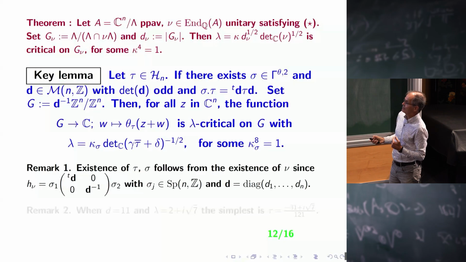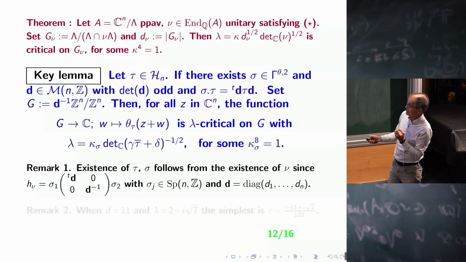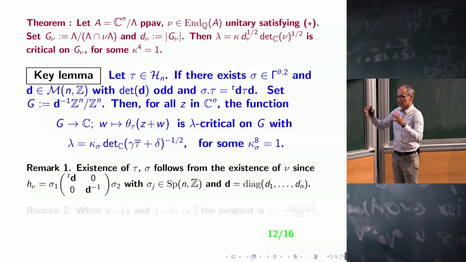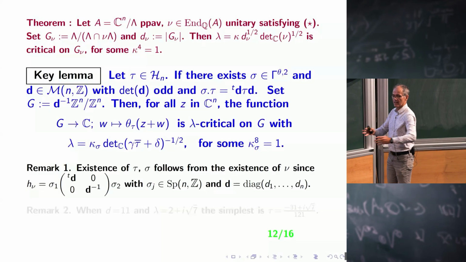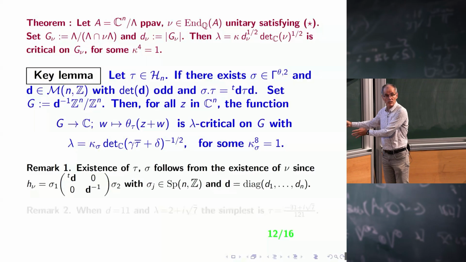In fact, the existence of this tau and sigma satisfying this condition will follow from the existence of this unitary nu, because the fact that nu is unitary means the holonomy h_nu is symplectic with rational coefficients. If you have a matrix with rational coefficients, you can always write it as a product k a k: a matrix with integer coefficients, a diagonal matrix, and a matrix with integer coefficients.